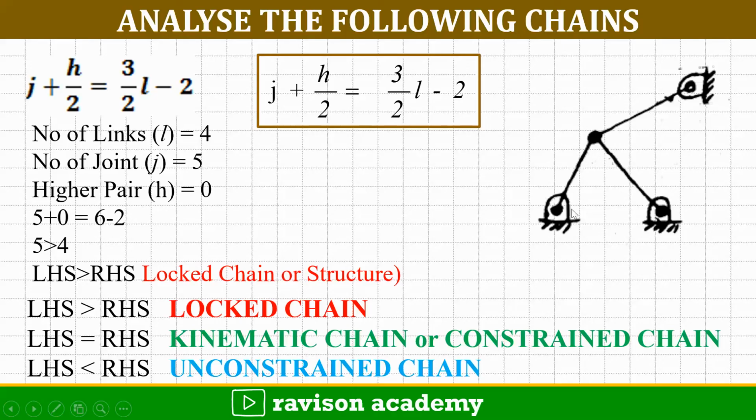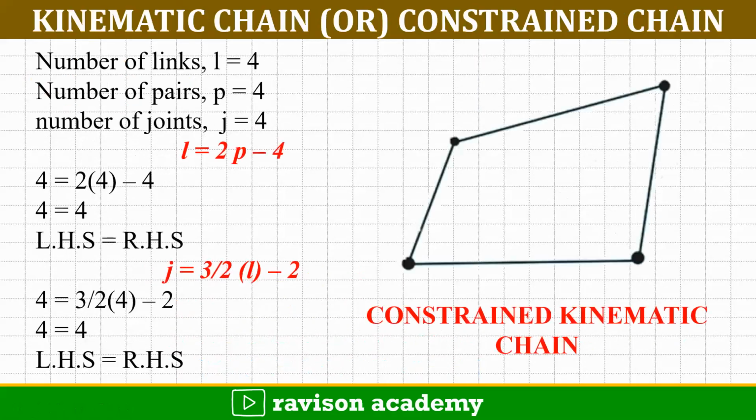So here 2, 3, 4 and 5. So number of joints in this problem is 5. No higher pairs are there, so H can be taken as 0. So applying this equation, 5 plus 0 is equal to 6 minus 2. So 5 is greater than 4. So this mechanism, we can classify as a locked chain or structure.